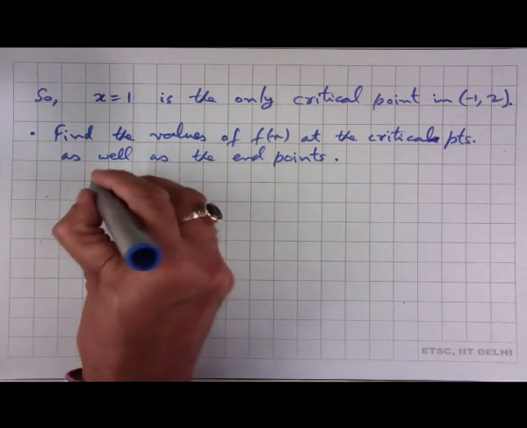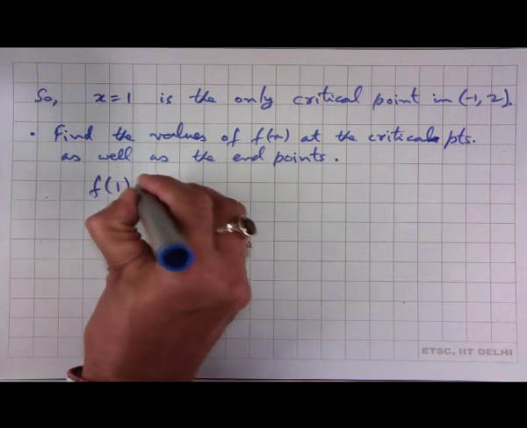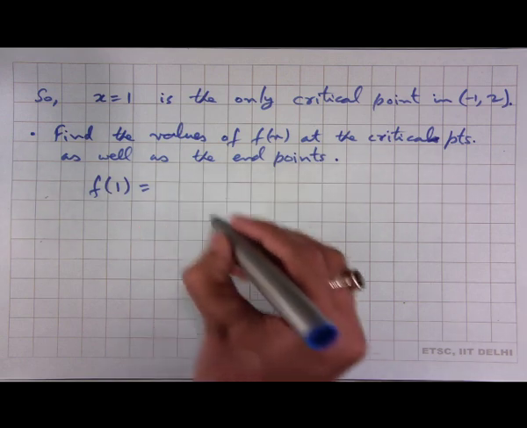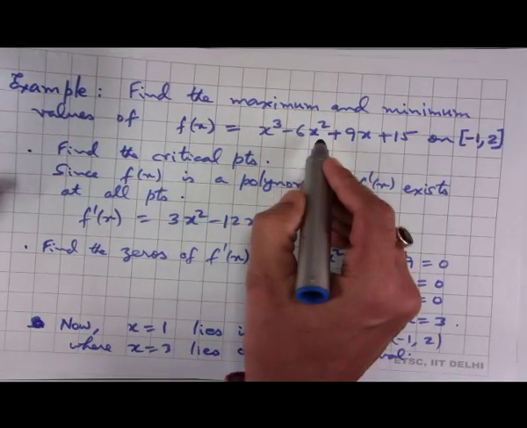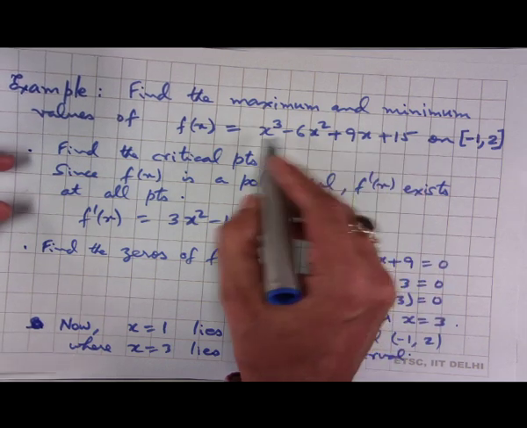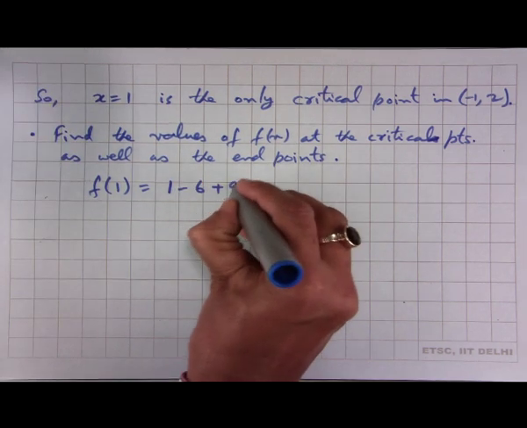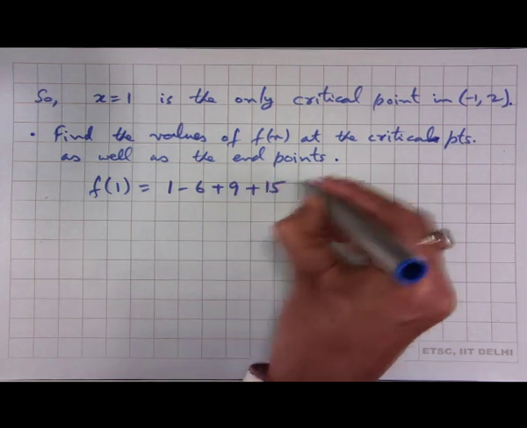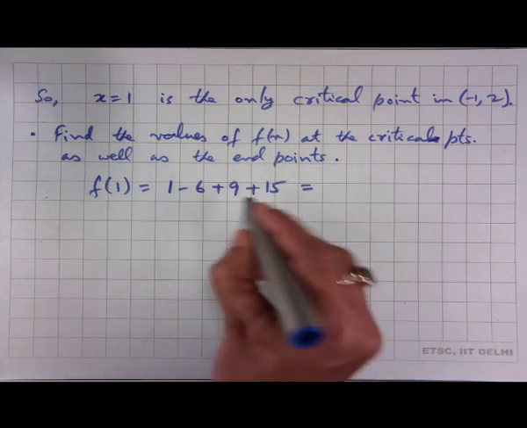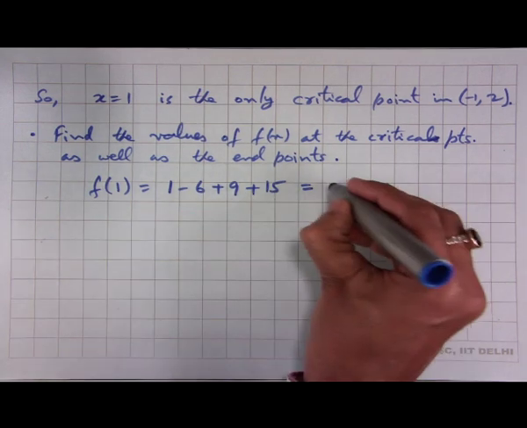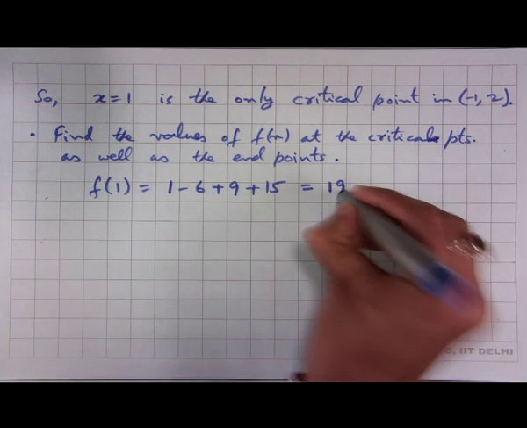So, at the critical point f of 1 is equal to 1 minus 6 plus 9 plus 15. This gives us 19.